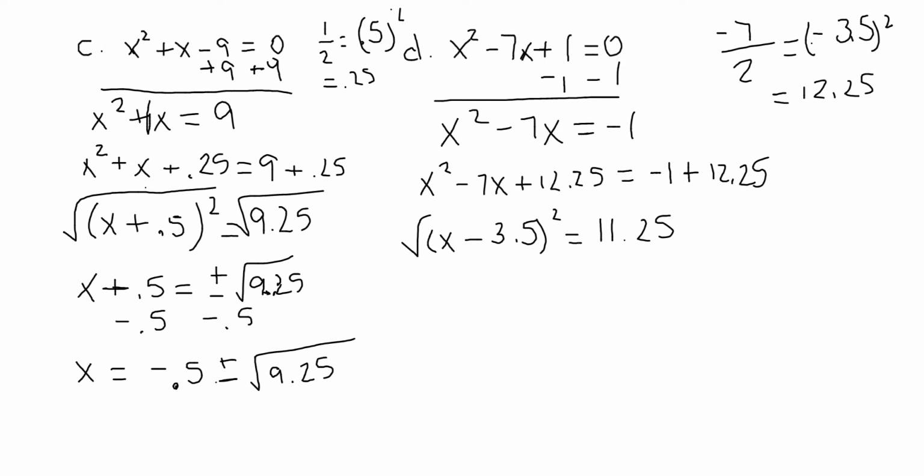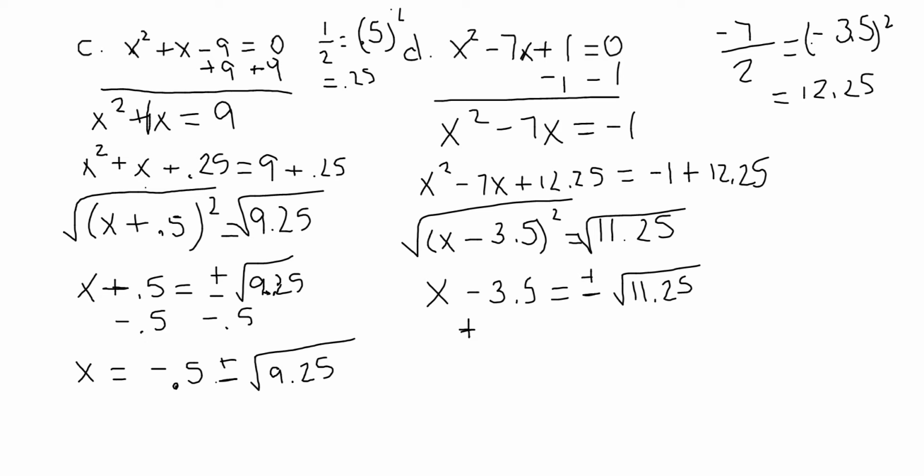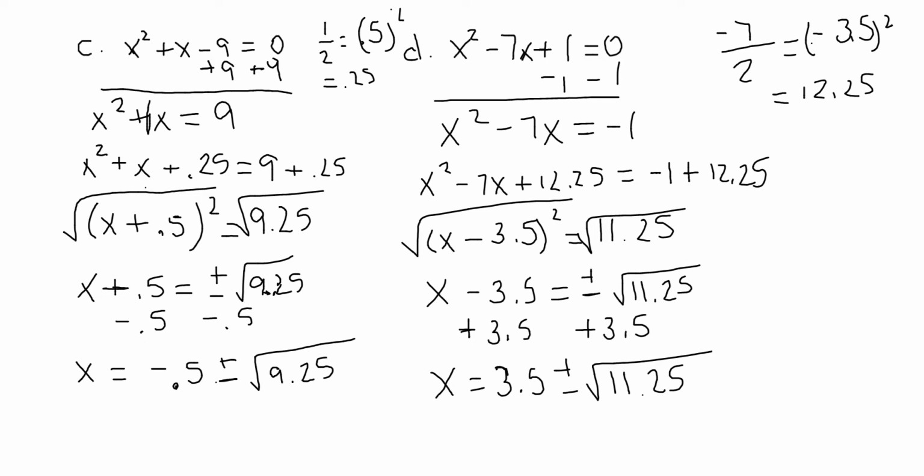We'll take the square root of both. So I'm going to get x minus 3 and 5/10 is equal to the positive and negative square root of 11 and 25 hundredths. Then I will add 3 and 5/10 to both sides so that I can isolate x. And I will get x equals 3 and 5/10 plus or minus the square root of 11 and 25 hundredths. And that's our final answer. We can't do any more.